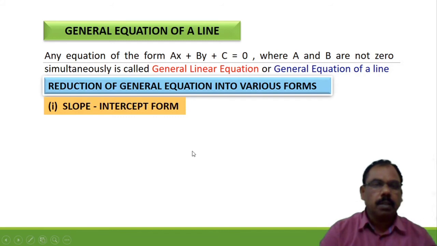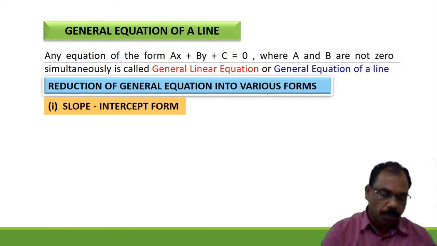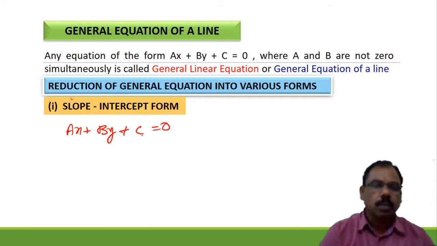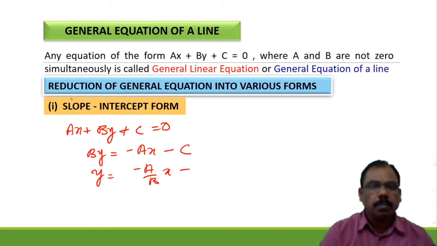Say, for example, we convert the general equation into slope-intercept form. We have ax plus by plus c equal to 0. This can be written as by is equal to minus ax minus c, or y is equal to minus a by b into x minus c by b.